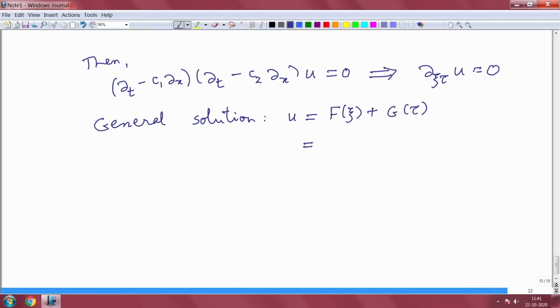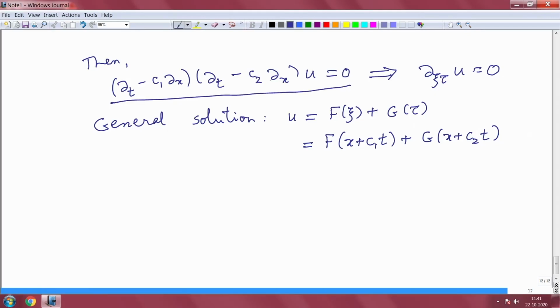Once we have this, we will go back to the x t variables, where f and g are arbitrary C2 functions. So, you can easily verify that u is a solution of this equation, and any solution of this equation is given by this. Okay.